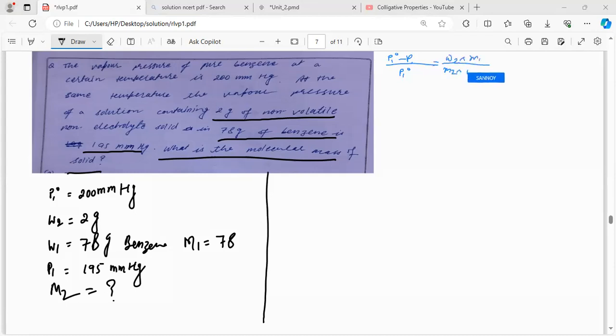Explain to me how you are doing it. Sir, using the formula (P1 naught minus P) by P1 naught equal to W2 into M1 by M2 into W1. Okay, okay.